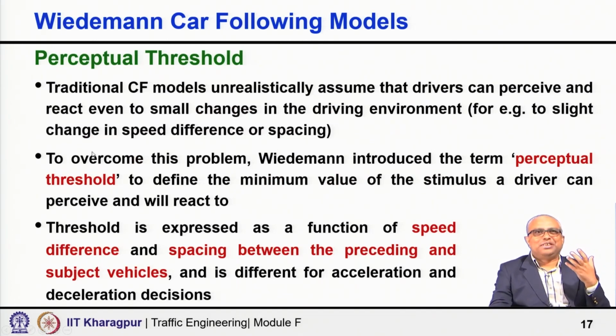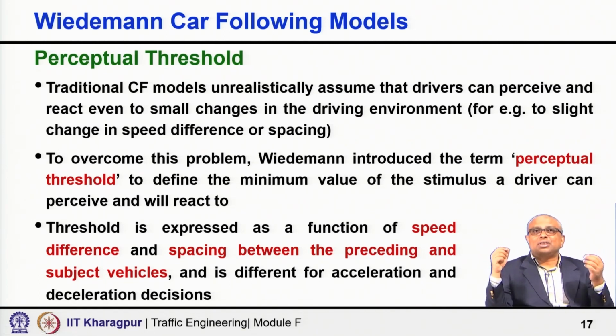Another difference in the Wiedemann model is the perceptual threshold. This is something slightly new to you. Traditional car following models, whatever we have discussed so far, to some extent I will say unrealistically assume that the driver can perceive and react even to small changes in the driving environment.